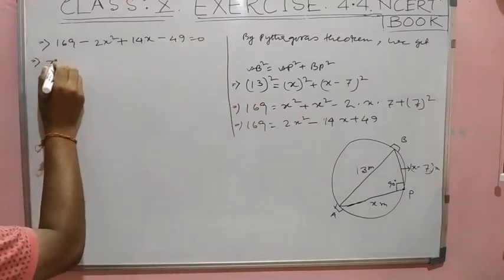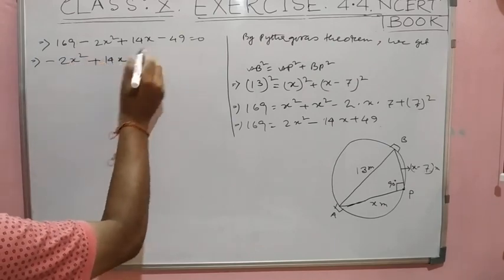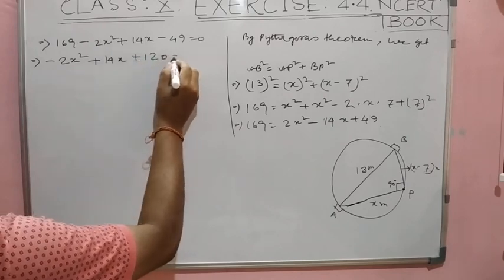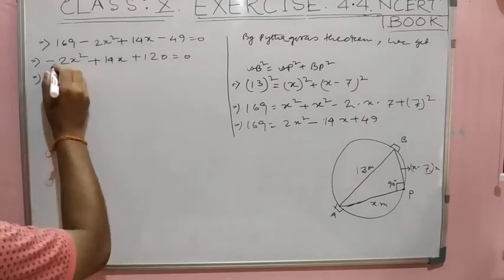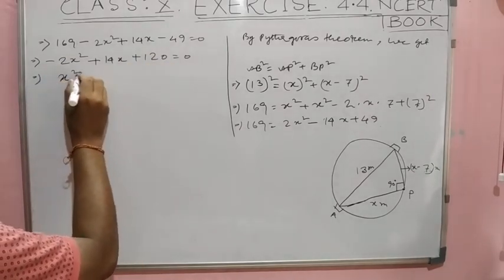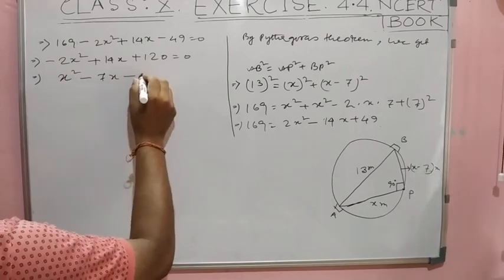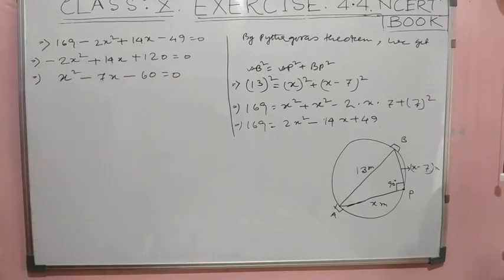This implies minus 2x square plus 14x, and if we calculate this, this will be 120 equal to 0. Now divide by 2 and minus also. So it will be x square minus 7x minus 60.